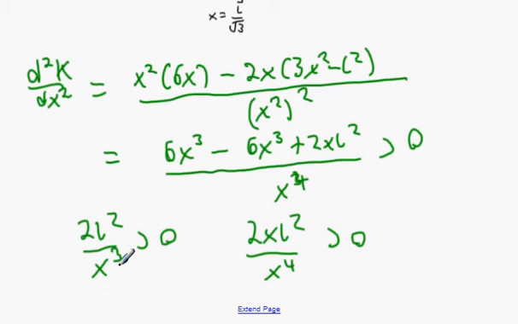Now, this is always bigger than 0 because L is squared, length is positive and it's squared, and we're told that x is greater than 0 because x is a displacement away from the center, which is positive. So therefore it's always greater than 0. This makes it a minimum, which proves our question. Okay, that's it.